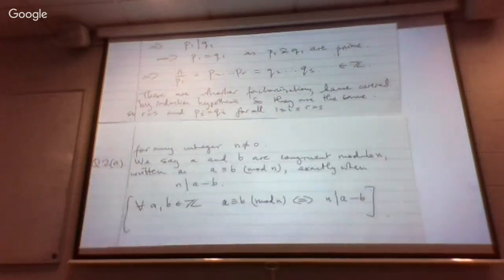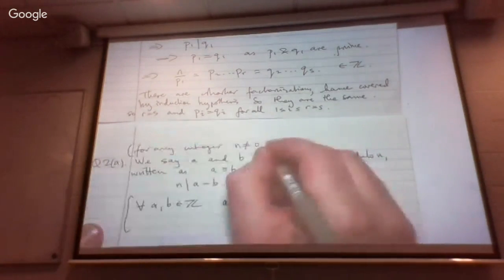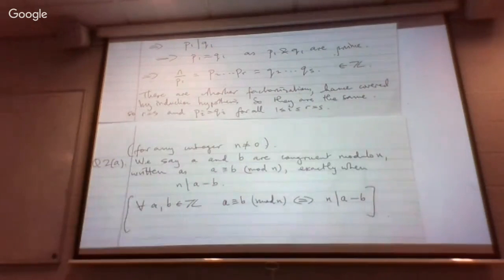So we never talk about things being congruent modulo 0, do we? Well, you can talk about things being congruent modulo 0, but then 0 only divides 0. So yeah, okay, that's a minor point. But if you don't deal with that point, you won't lose any marks.